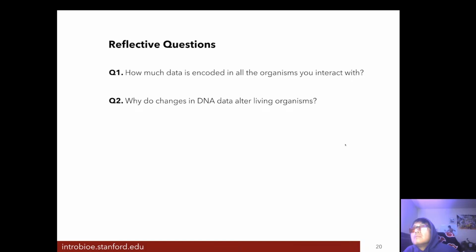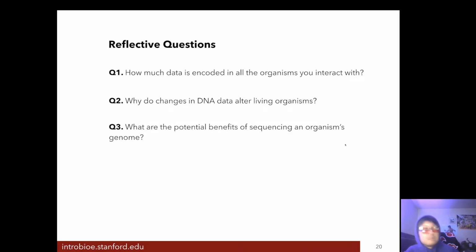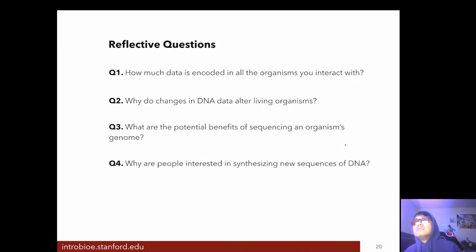We talked about how changes may lead to proteins no longer being expressed or to changes in how much protein is being expressed. What other things can you think of? And then what are the potential benefits of sequencing an organism's genome? We'll get into this a little bit in the next lecture, but I'd like you to think about it for yourself. What could you learn by sequencing an organism's genome? And then finally, why are people interested in synthesizing new sequences of DNA? What are the potential advantages of being able to do that?